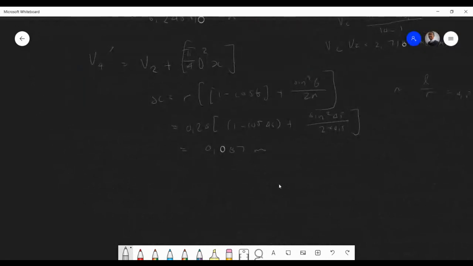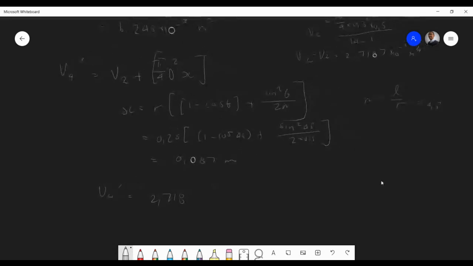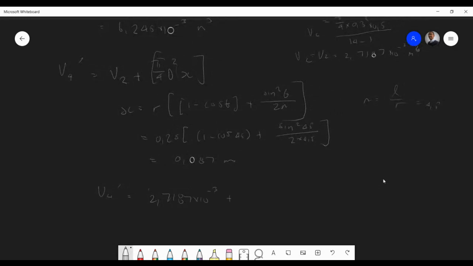So once you have that V4 in meters cubed, you've got to find V4 prime, and it's simply adding the clearance volume to that. So that's going to be V2 plus whatever this is. So this is going to be 2,718.7 times 10 to the negative 3, plus what I mentioned to you was that new volume basically.